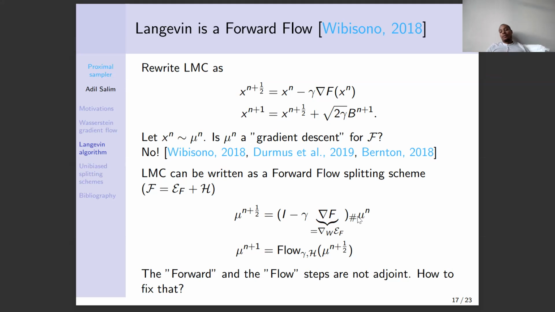Since this is a forward flow, one reason why mu star is not invariant is because the forward step and the flow step are not adjoint to each other. This is a term that you can find in this paper. They are not adjoint in the sense that they do not leave mu star invariant.